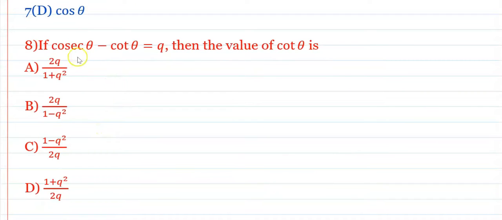Next. Cosec theta minus cot theta is equal to Q. We have already solved this before. If cosec theta minus cot theta is equal to Q, then we will have cosec theta plus cot theta equal to its reciprocal. What is the reciprocal of Q?